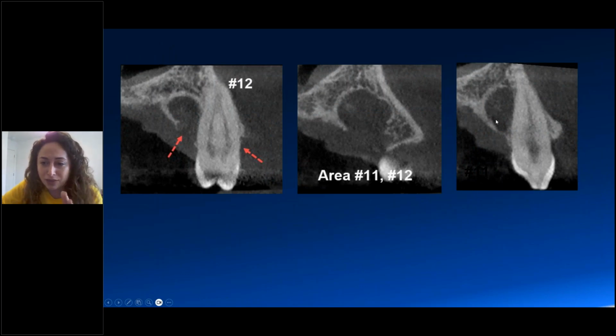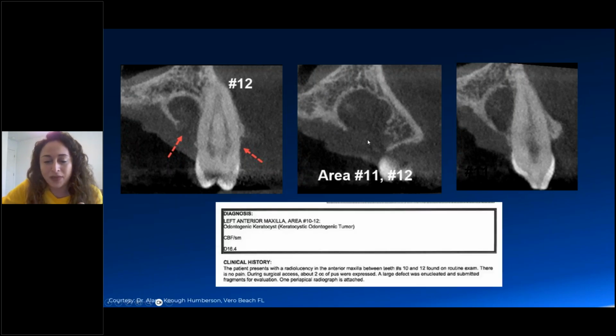So if we look at different screenshots, we have to think beyond a lesion of endodontic origin, not just because of the interruption, but because of the scalloping that we saw in the axial view and how the borders of that lesion are lobulated. So you don't have one small circular shaped lesion forming around the tooth, but the epicenter is actually the interradicular space between both teeth.